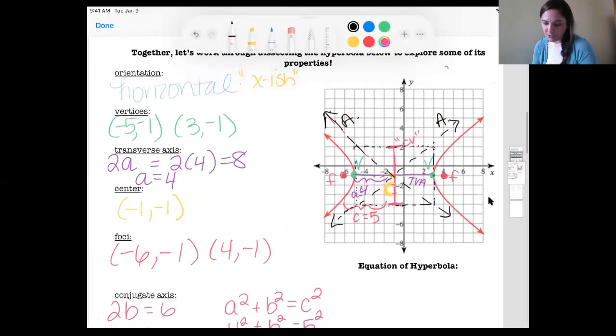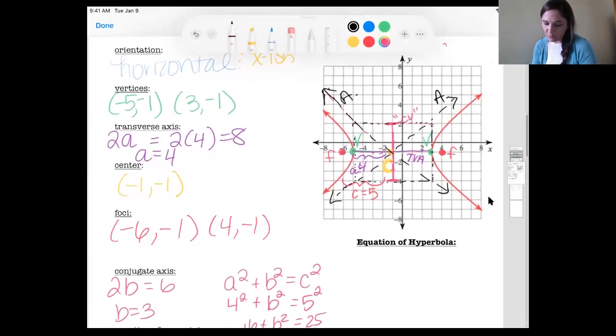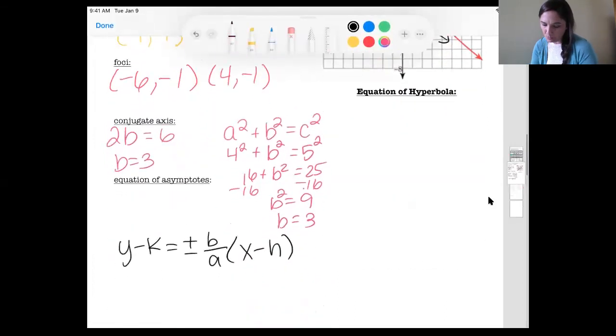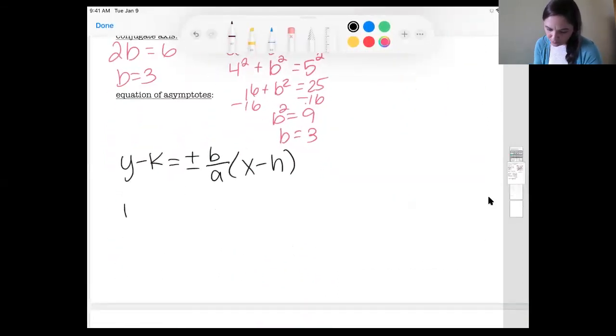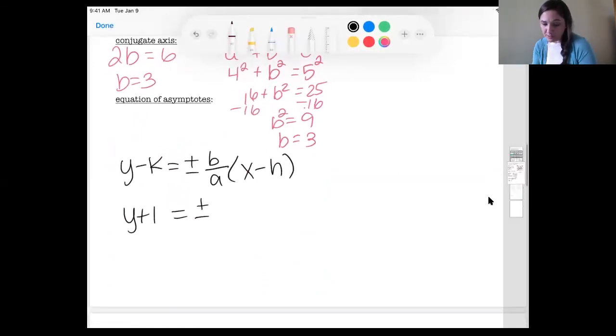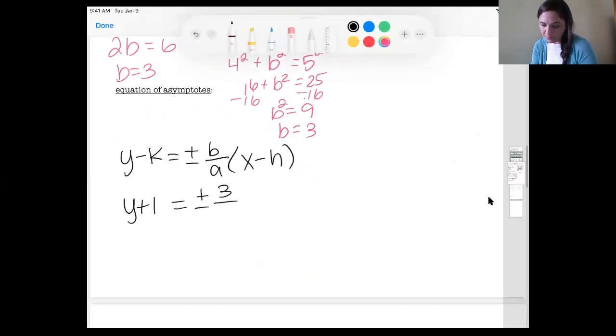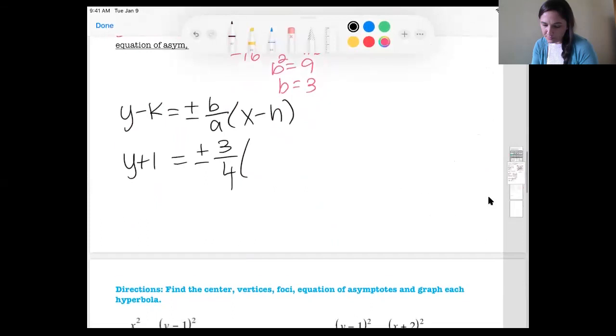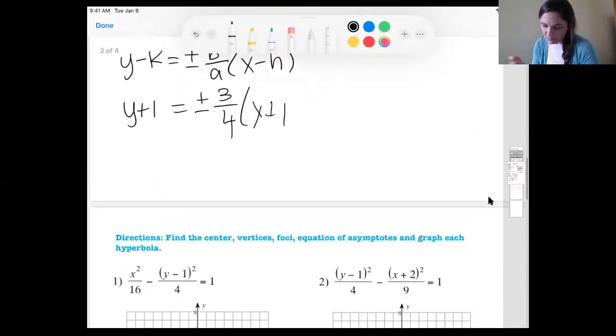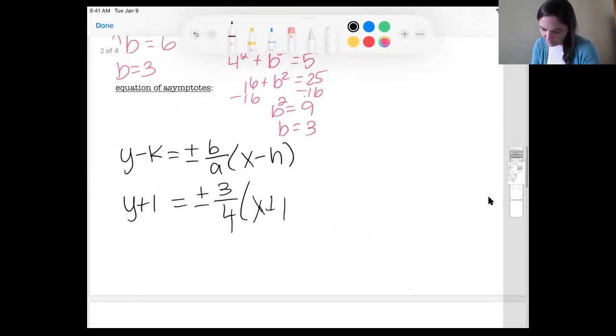So our center is at -1, -1. So y plus 1 equals plus or minus, now I need b over a. So b is 3, a is 4, times x plus 1.